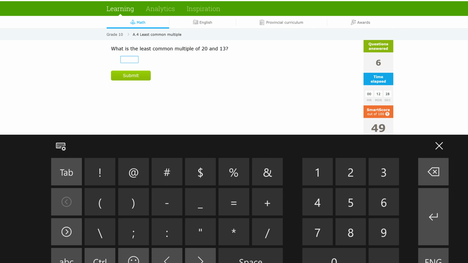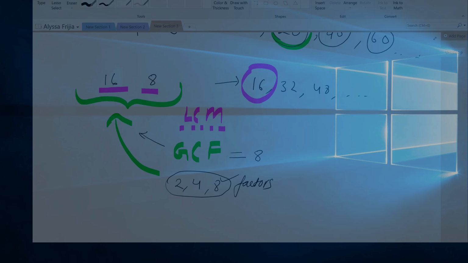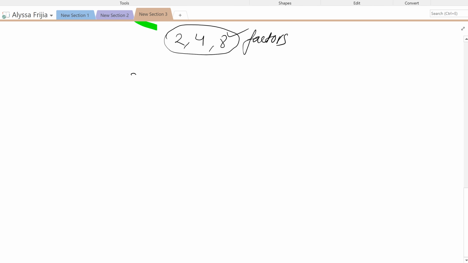Now 20 and 13. Whenever you get a number like 13, a prime number, 13 is not divisible by any other number, right? So we need to put 1.